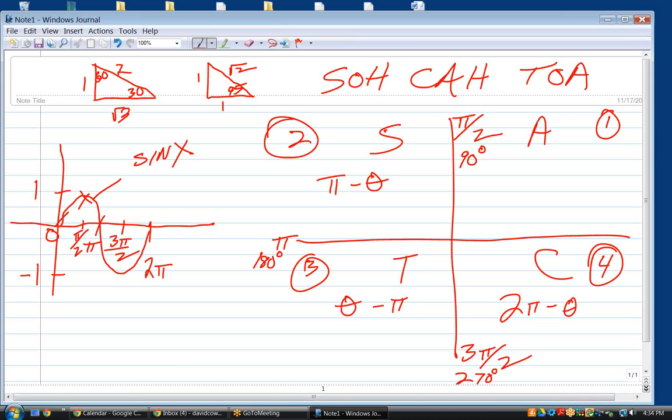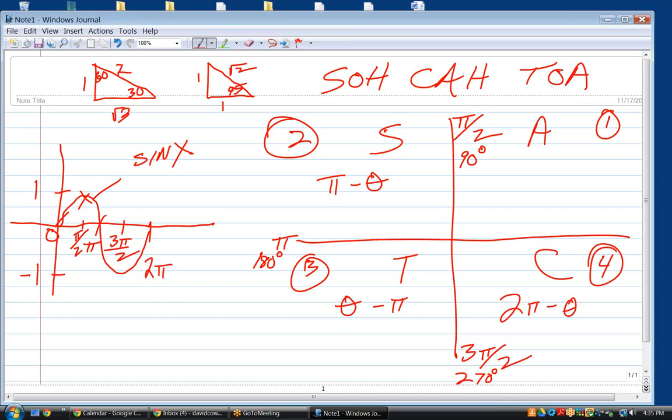Notice that no answer is outside of the range -1 to 1. There is no such thing as the sine of an angle equals 2. It's got to be between -1 and 1. No, the sine of pi is 0 again.